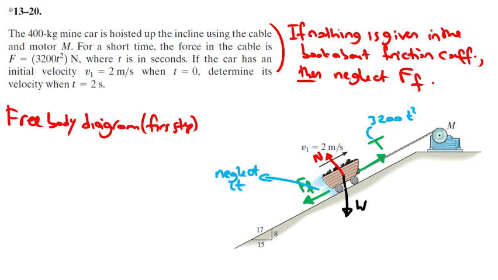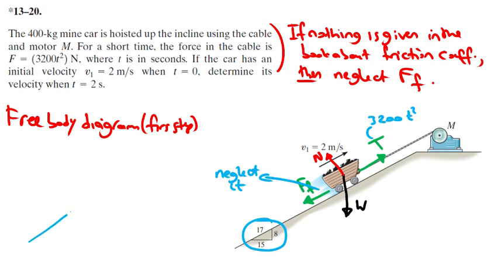Then the weight will be a little bit tough because I have to use this trigonometric relation. Let me do it here actually instead of moving to the next slide. I will redraw this here.